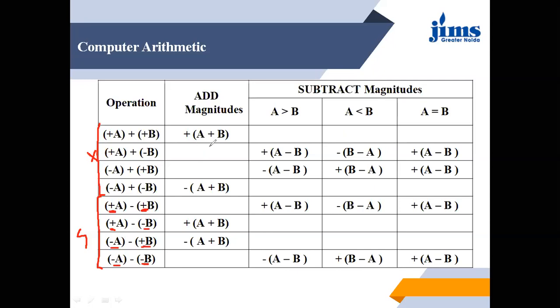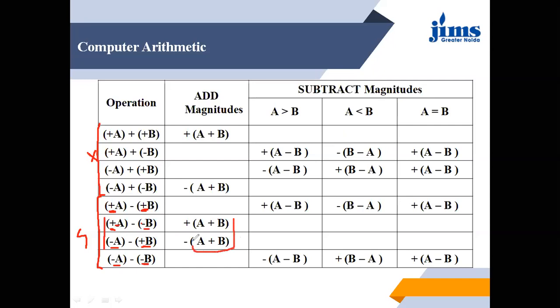So from here you can see that when both the signs are different, this is plus and this is minus, this is minus and this is plus, then we have to add the two numbers.